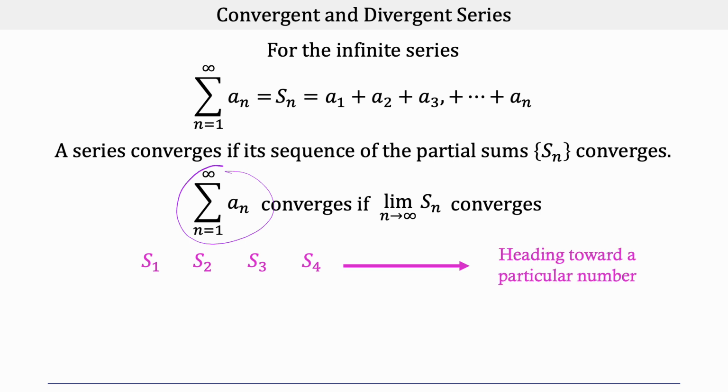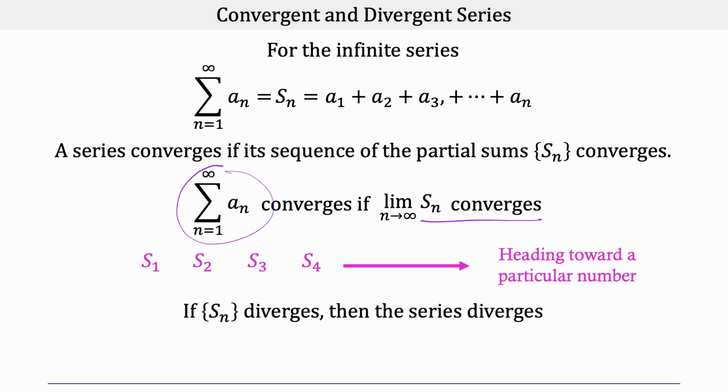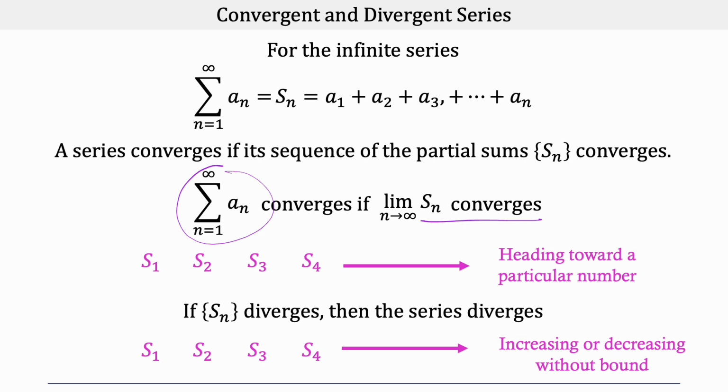If that's heading towards a particular number, then we say the series converges. It can also diverge if the sequence of partial sums, that list of partial sums, is increasing or decreasing without bound, then the series diverges.